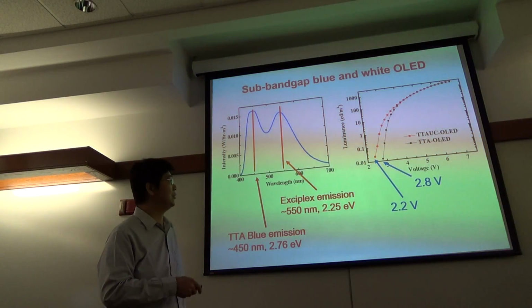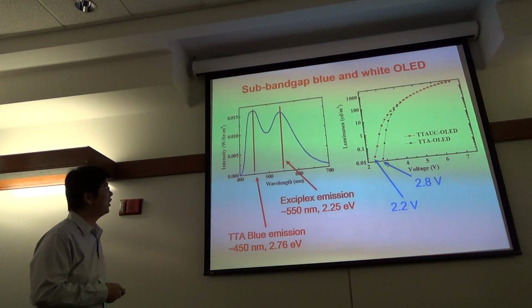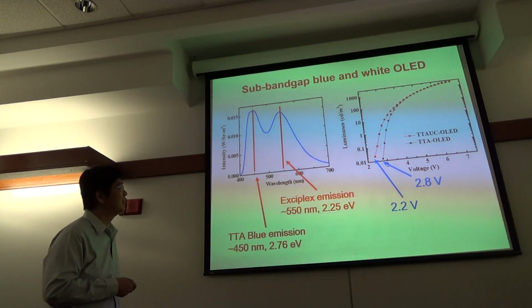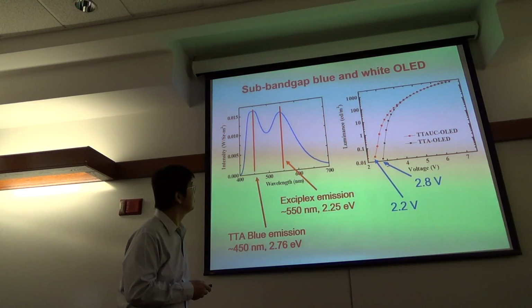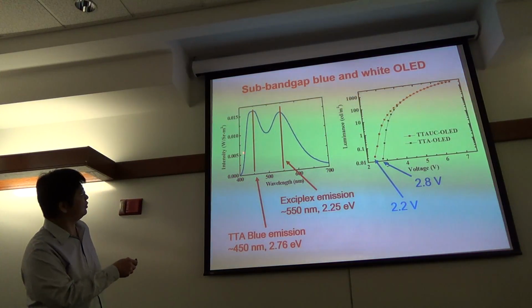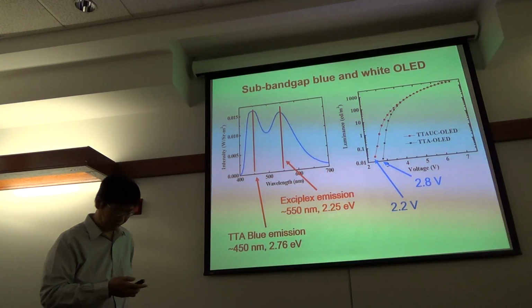So that is potentially possible to improve the lifetime as well. Right now we are just writing the patent about that. And interestingly, we found there's a blue and a yellow, so actually it's white.